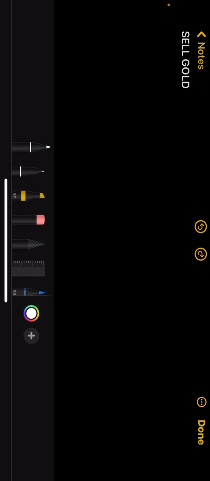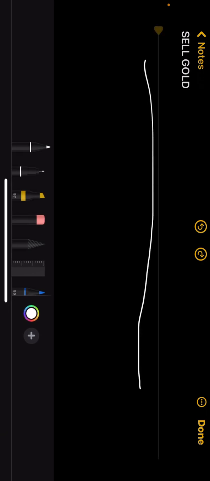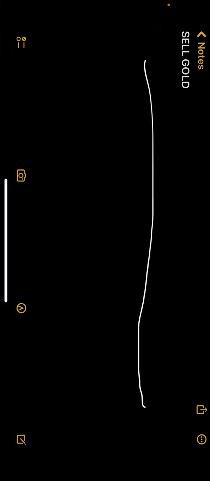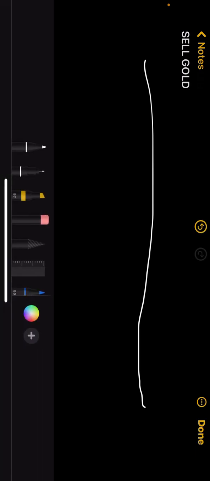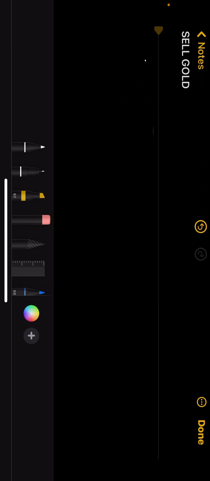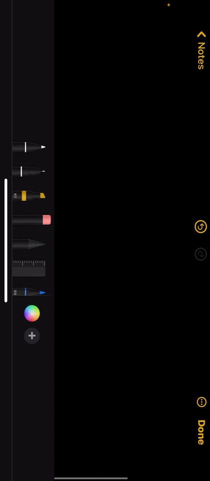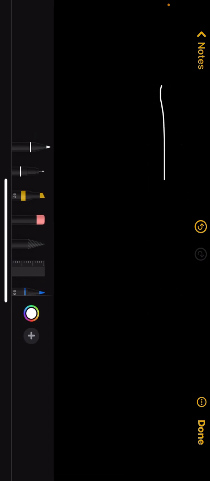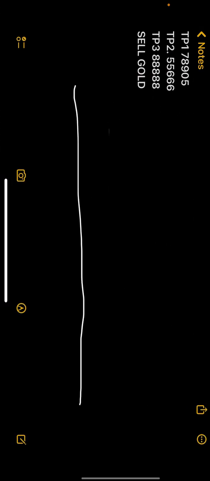Let's say this is our trading platform. I need to make this a little bit bold, so let's clean this off and make this as bold as we can.